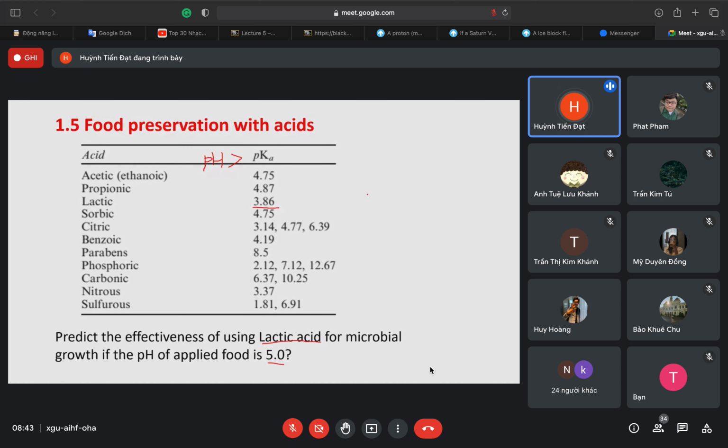Okay. So the concept here is important. Could you please indicate one acid? Which one do you think? If you have four choices, which one do you think is the most appropriate to apply based on the pKa?